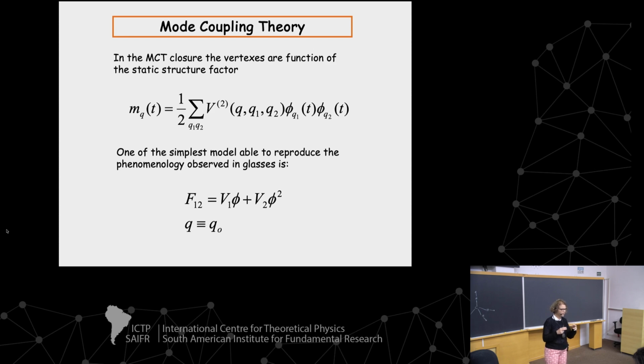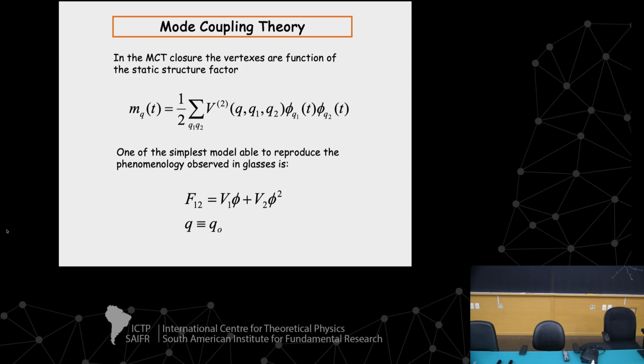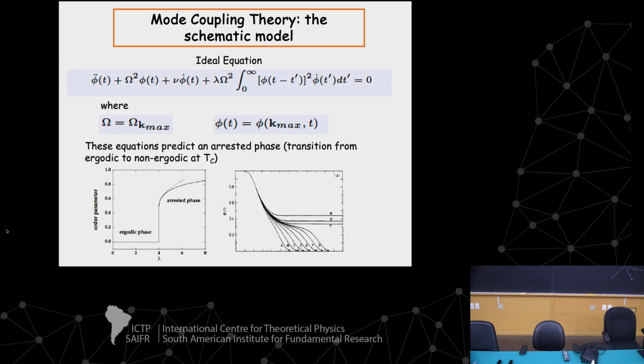It's like I told you: when you tune Q, the wave vector, in an experiment, you decide where you want to focus your view of the sample. If you do it at the peak of the structure factor, this plateau will be roughly around 0.7 here, and you will see the decay due to the cage effect at best.